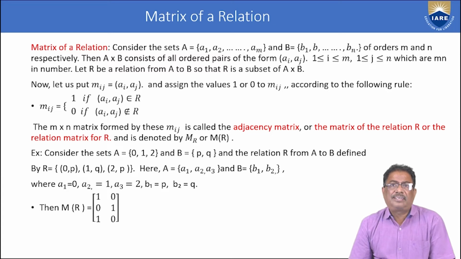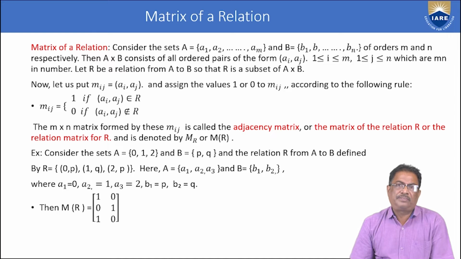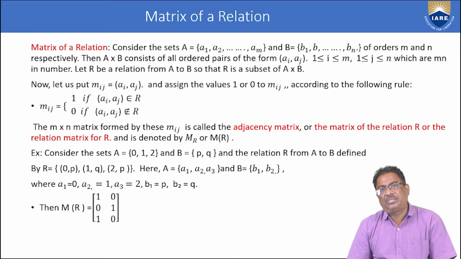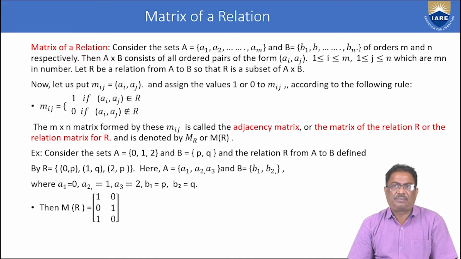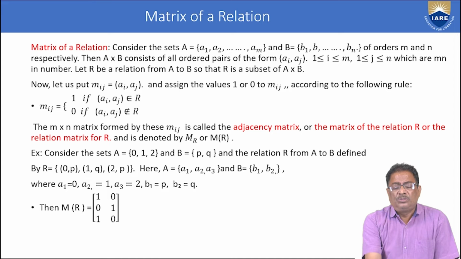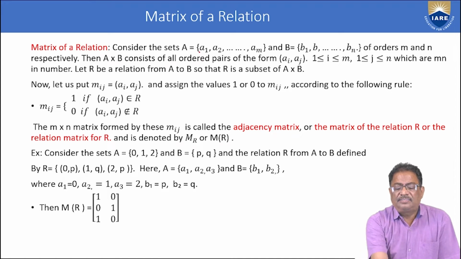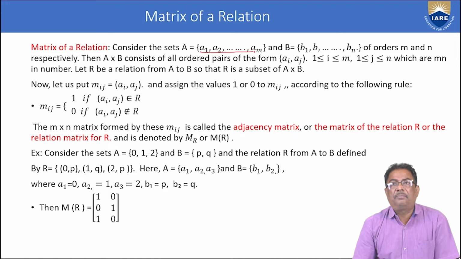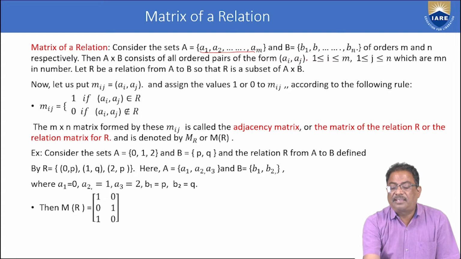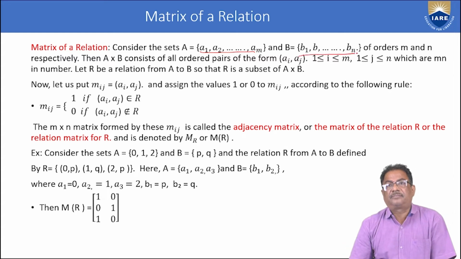Now let us consider a matrix of a relation. We are going to represent any relation with a matrix, and that is known as a matrix of a relation. So let us consider the set A consisting of M elements and B consisting of N elements.